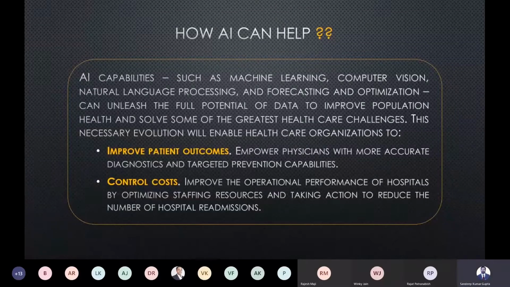Whenever there's a need, there's an invention for that, right? So considering the emerging needs of the patients and the healthcare system, we have various AI tools customized to meet the requirement and to improve performance, like improving patient outcomes and empowering physicians with more accurate diagnostics and targeted prevention capability.